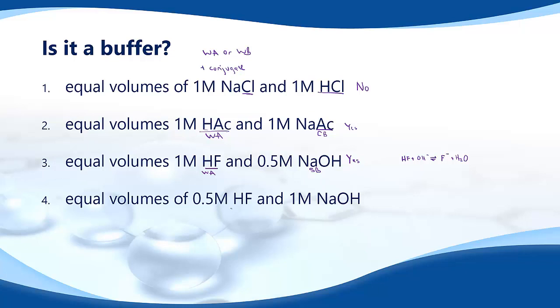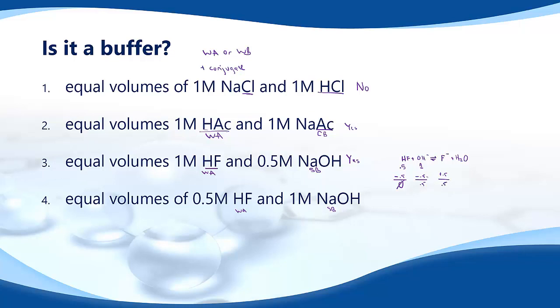Now if we look at 4, same two solutions, but notice how I changed the concentrations. Right, so we still have HF, which is our weak acid. We still have sodium hydroxide, which is a strong base. We come back up here to this equation, and if we look at this, if I have 0.5 molar and I have 1 molar, it's a 1-to-1 reaction, so I'm going to lose 0.5 here, leaving me 0, minus 0.5, plus 0.5, and I don't care about the water that much.